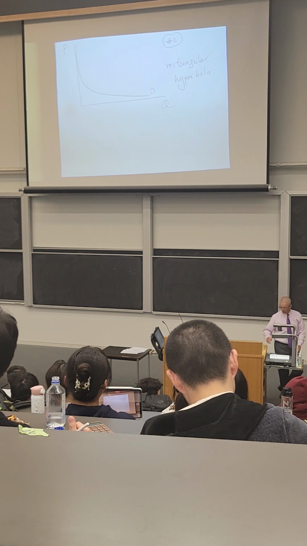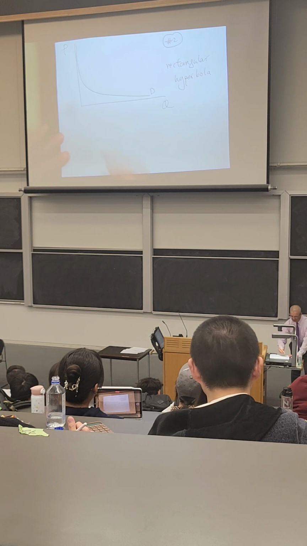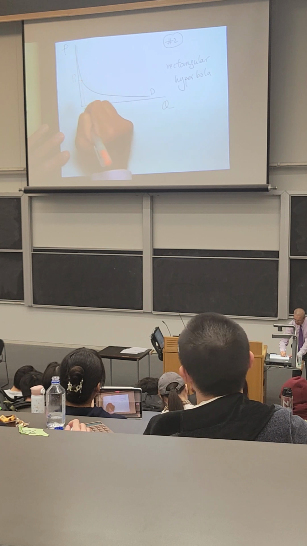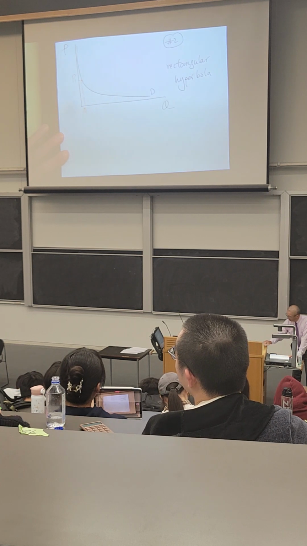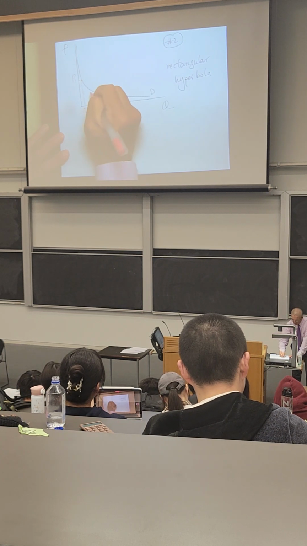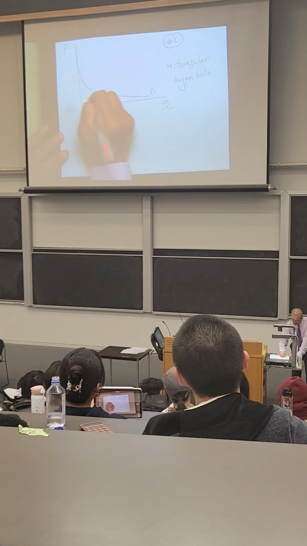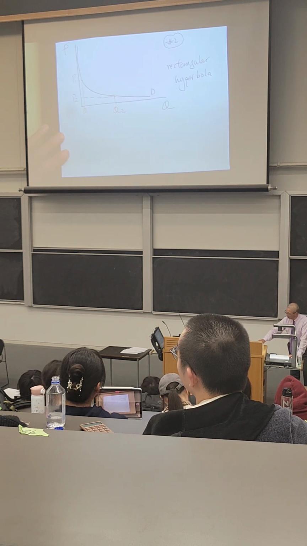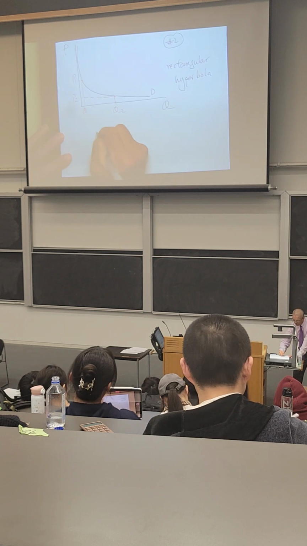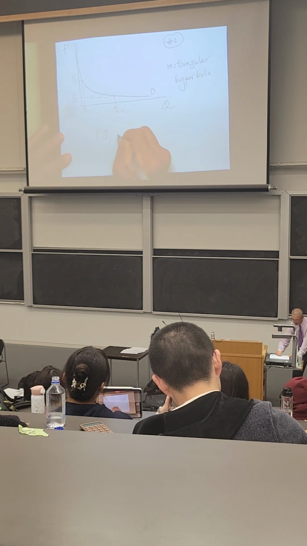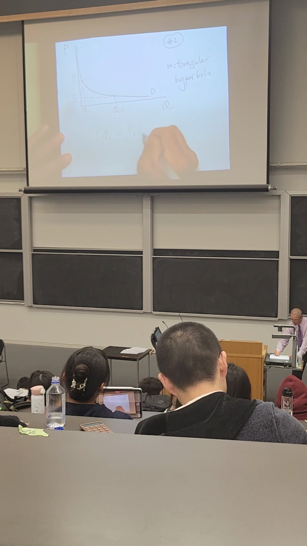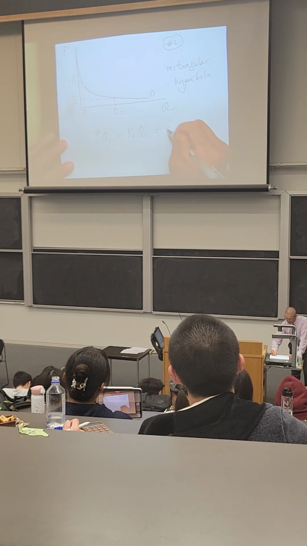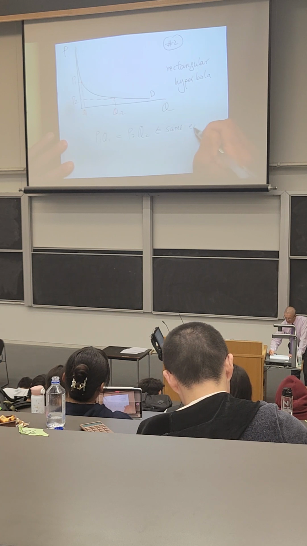It is that no matter which point you pick, like P1, Q1, and you pick any other point, P2, Q2, it is always true that P1 Q1 equals P2 Q2, i.e., same expenditure.